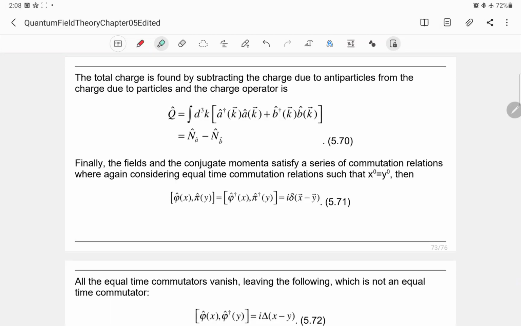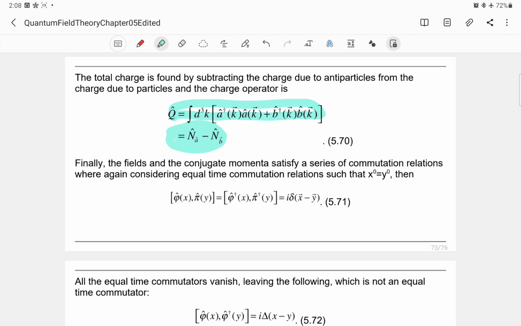The total charge can be found by subtracting the charge due to the antiparticles from the charge due to particles, and the charge operator is written in this expression, and you will have just the number of particles minus the number of antiparticles.